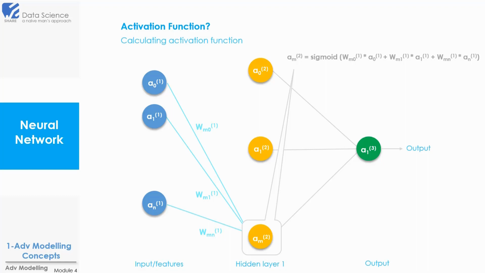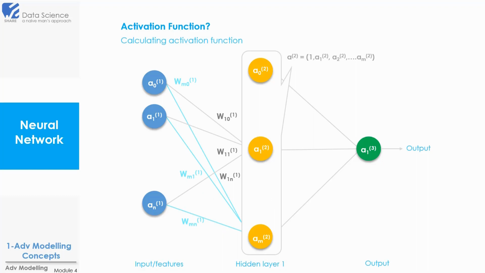Now the next task is to calculate the weights. And we will have to calculate those weights that are optimum. So we will see in the upcoming slide how can we calculate the optimum weights. But that is how you calculate the neurons of the hidden layer. Now once all the neurons are calculated, we can write it in the form of vector as shown here. So you can see that each of the neurons from previous layer is contributing to calculate the activation function for each of the neurons in the next layer.